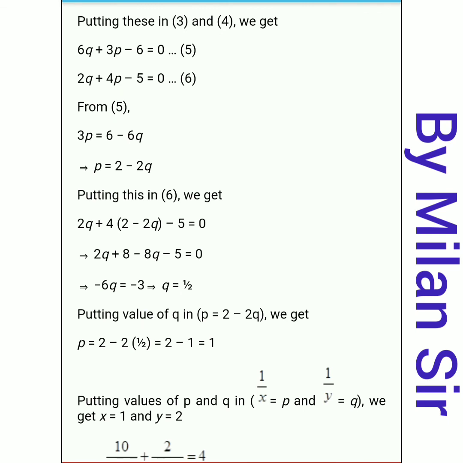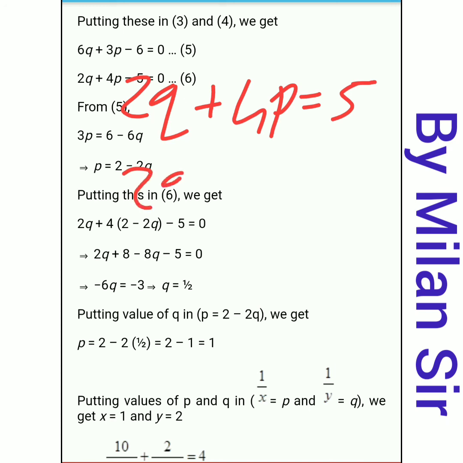So just write down: subtract equation number 3 from equation number 4. Our equation number 4 is 2q plus 4p is equal to 5, and our equation number 3 is 2q plus p is equal to 2. Here we use the subtraction process, so we need to change the signs: all plus becomes minus.